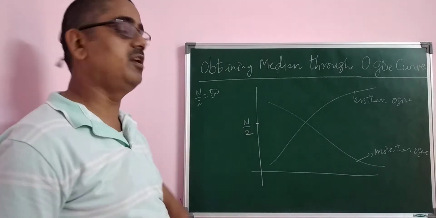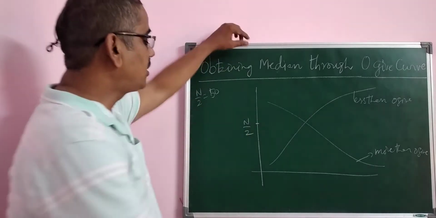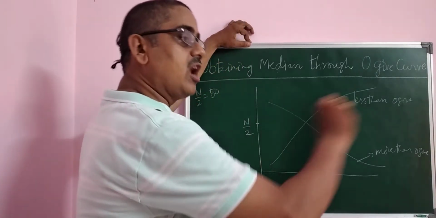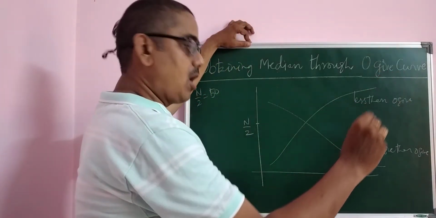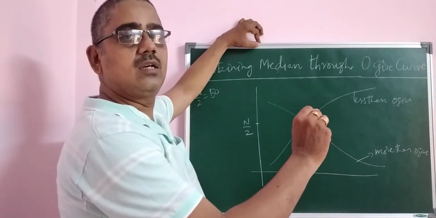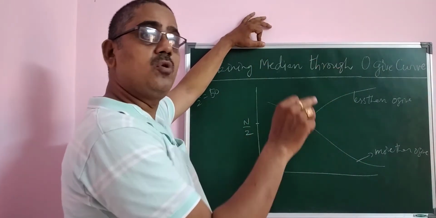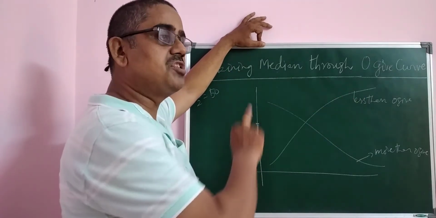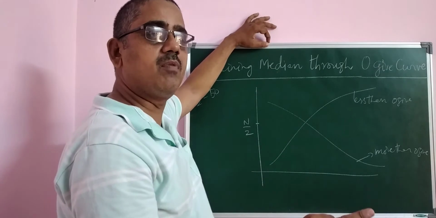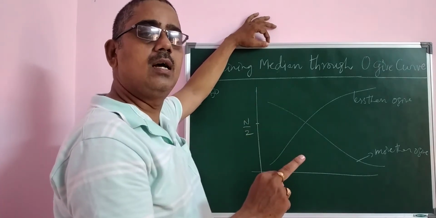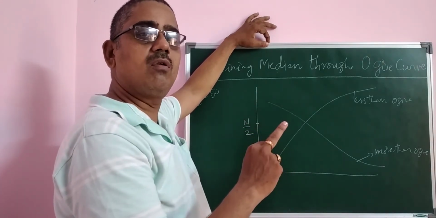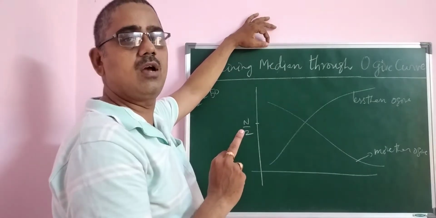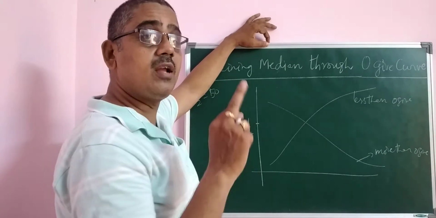From this point, start drawing the straight line parallel to the x-axis until it meets the Ogive curve. Until and unless it meets the Ogive curve, you continue drawing the straight line from the point n by 2.